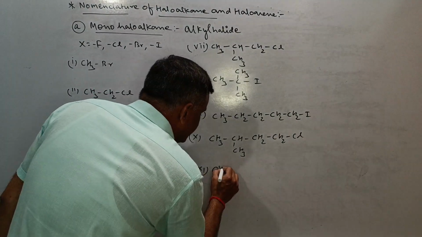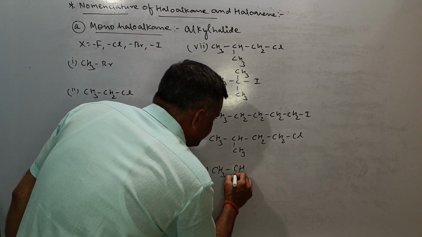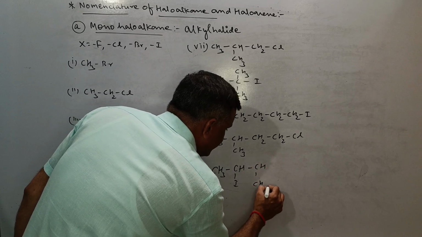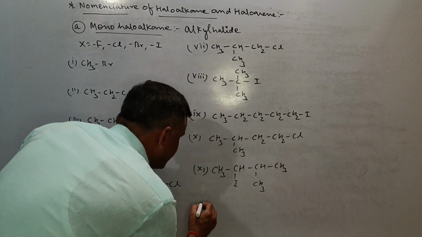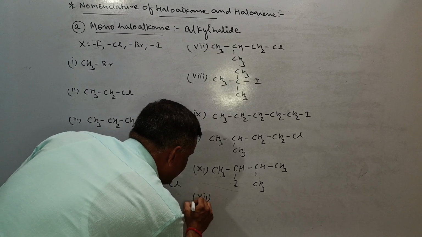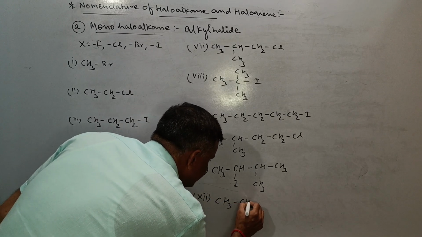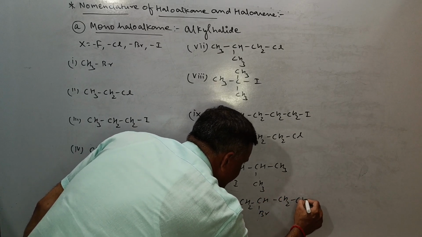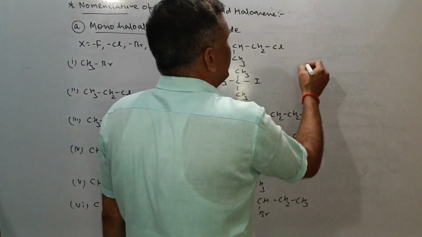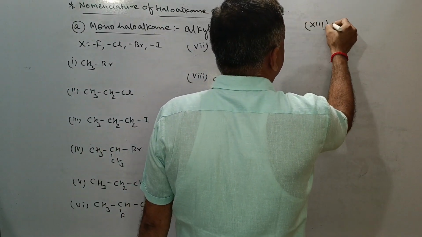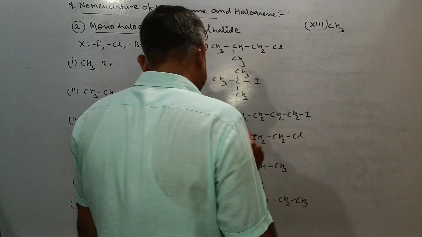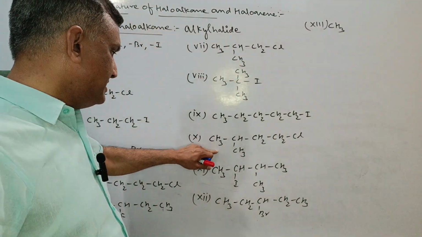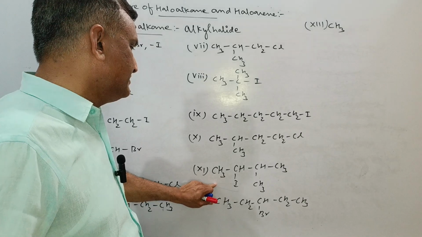For the 11th compound, CH3, CH, I, CHCH3 and CH3. As the 12th compound, CH3, CH2, CH, Br, CH2 and CH3. As the 13th compound, CH3, CH3 and this is the N. This is the iso, secondary and secondary active.